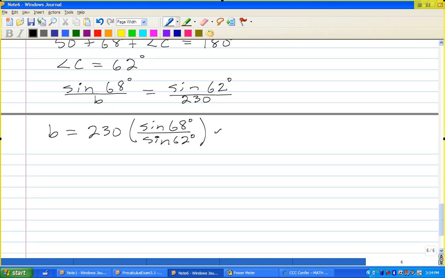I guess I'll give you an approximate number for this, just to see what order of magnitude that is.